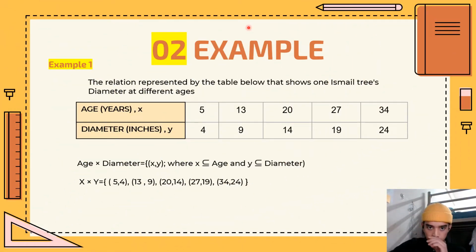Moving on to the examples. The first example: the relation represented by the table below shows a tree's diameter at different ages. The age in years, which is x, has the values 5, 13, 20, 27, and 34. So x is the domain.